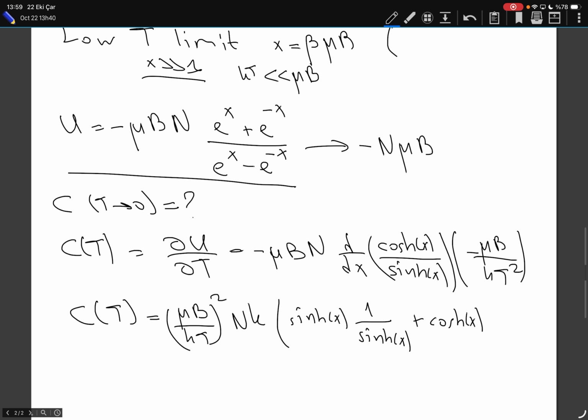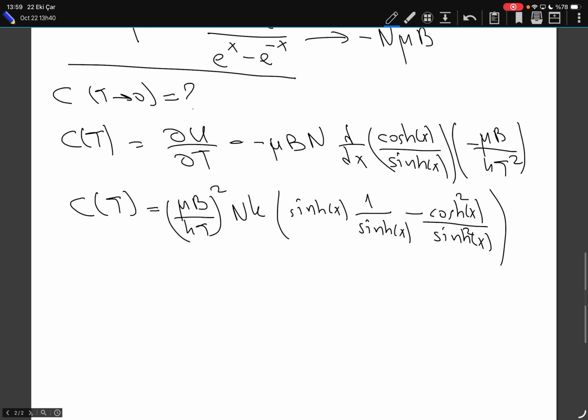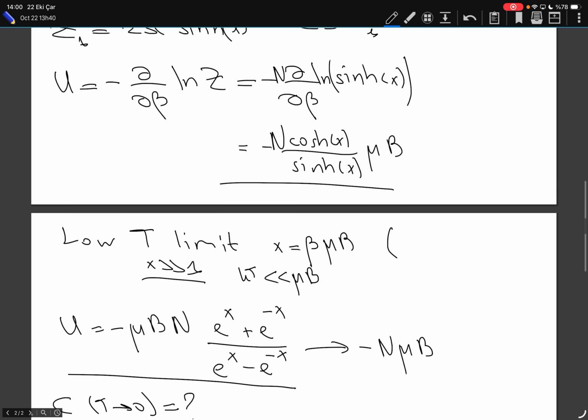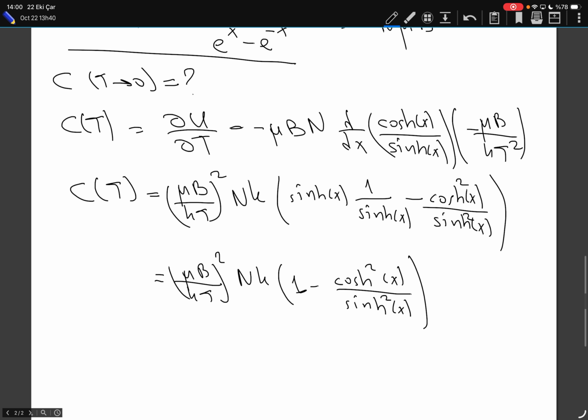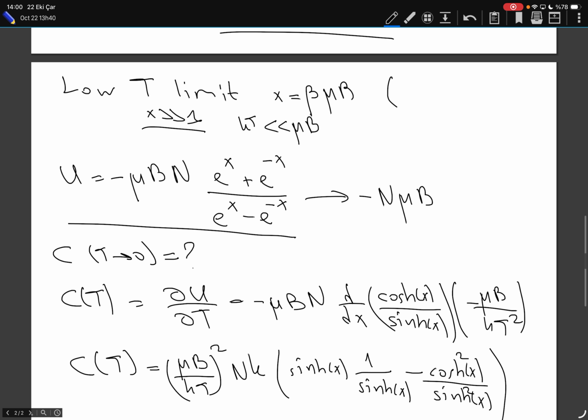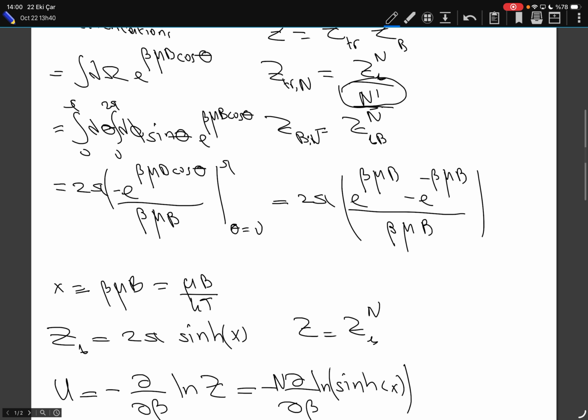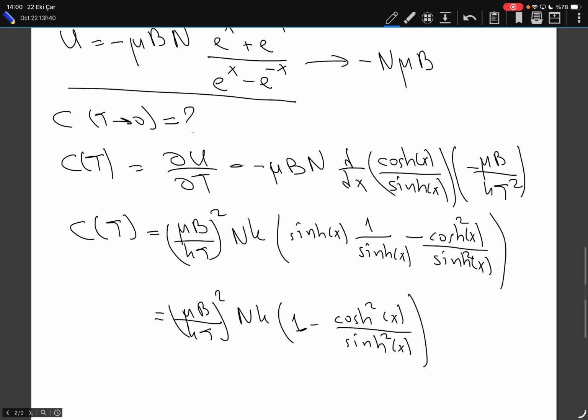Well, the derivative of 1 over sine hyperbolic is minus cosine hyperbolic over sine hyperbolic squared, and this is the heat capacity.